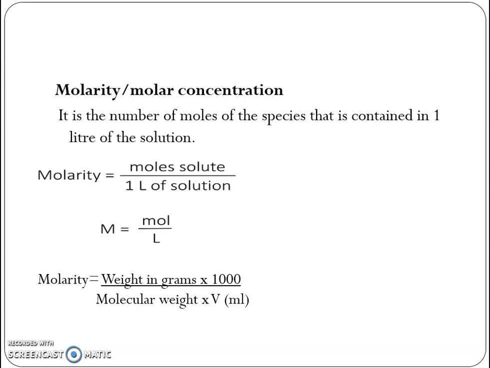So molarity will be weight in grams into 1000 divided by molecular weight into V, that is volume of the solution. Now when V is in ml, we will put 1000 in the numerator. If V is in liter, then no need to put 1000 in the numerator. So if you know the weight of the substance, its molecular weight and the volume, then you can easily find out molarity of that substance, or you can say molar concentration.